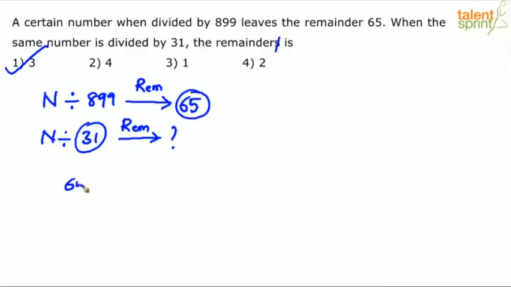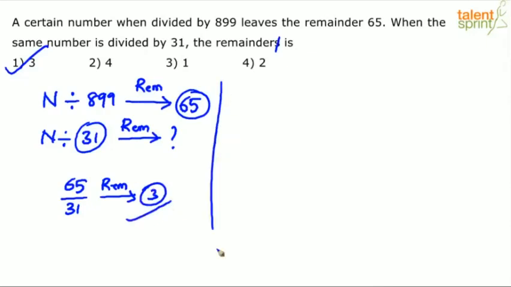What do we do? 65 you divide by 31. So remainder will come out to be 3, and that's your answer, option 1. But the regular method goes as follows. I can take the number n to be, let's say, 899 into d plus 65. You're dividing the number by 899, so let's say the quotient is d, and the remainder is 65.